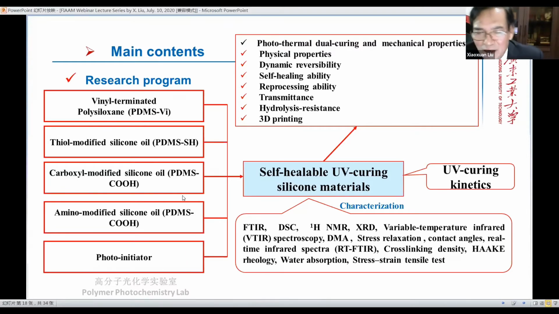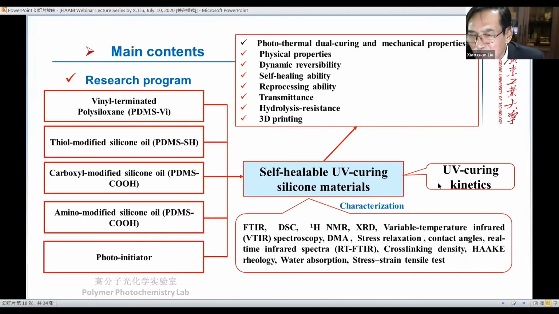So we can compress the conformation of the curing systems to prepare softened curable silicone materials.